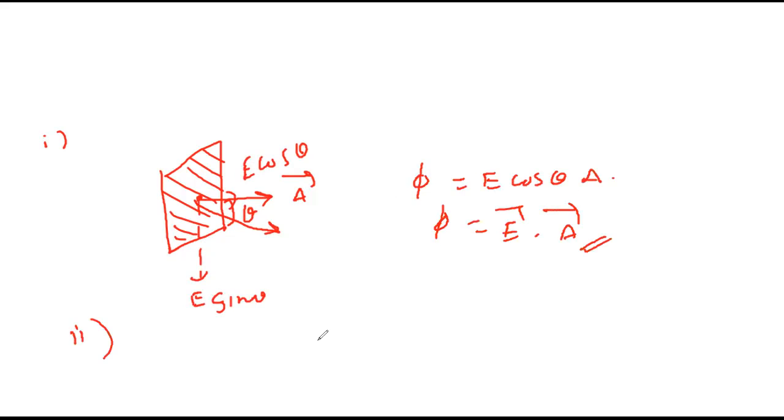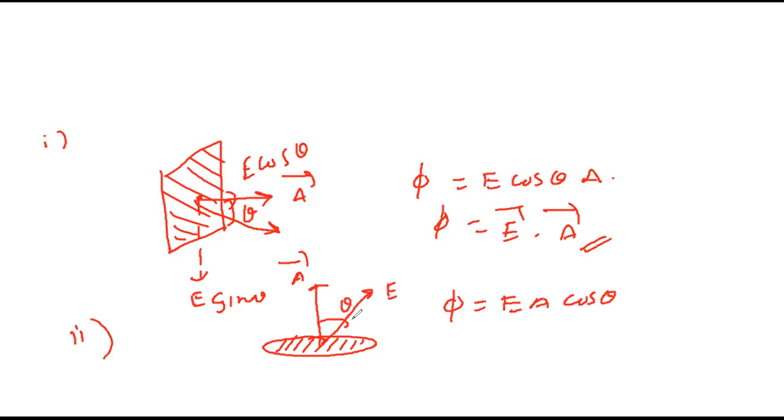Now tell me what will be the flux. Those lines which are perpendicular are flux. So this is a surface A bar, E is making angle theta. What will be the flux? E A cos theta.